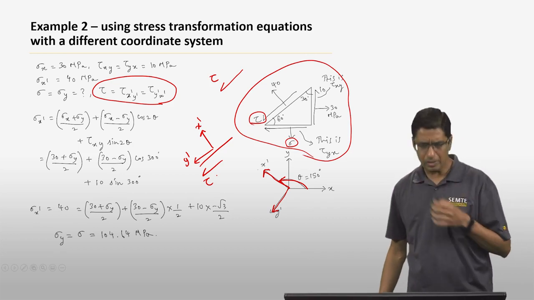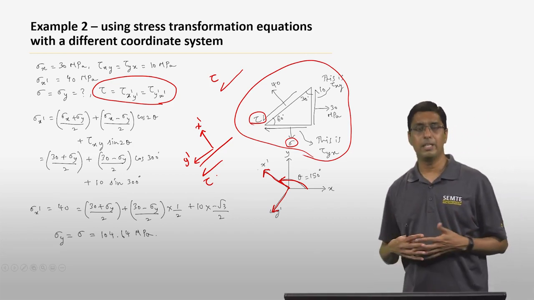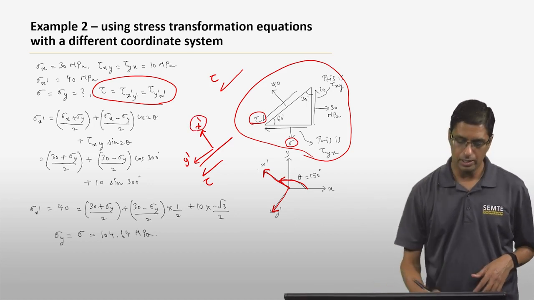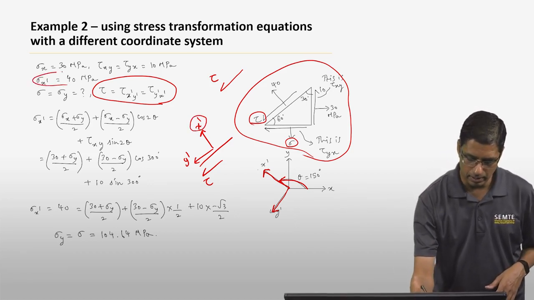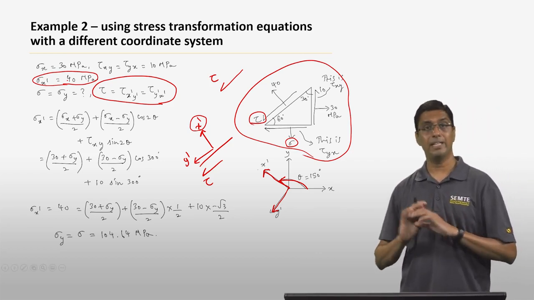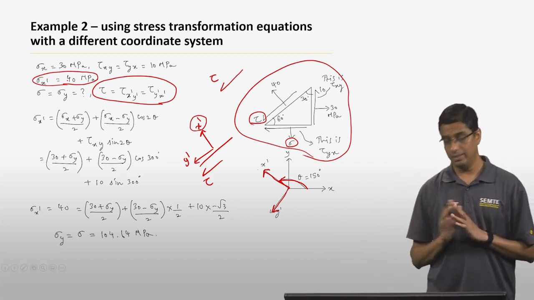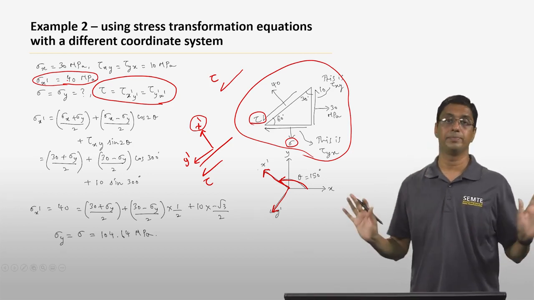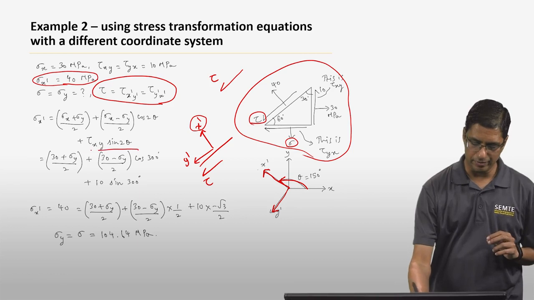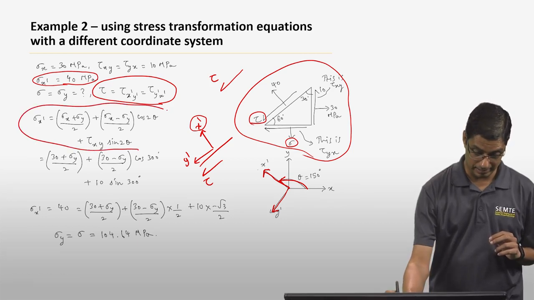There is also another difference. In this case, because this x prime is the normal, your sigma x prime is 40 MPa, not sigma y prime. Otherwise everything else is the same, and of course the theta is different. So we use the equation for sigma x prime now, not sigma y prime.